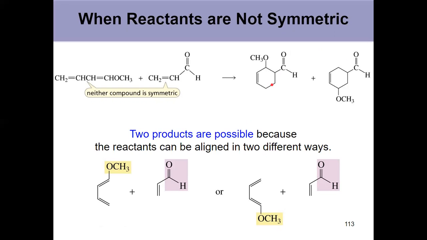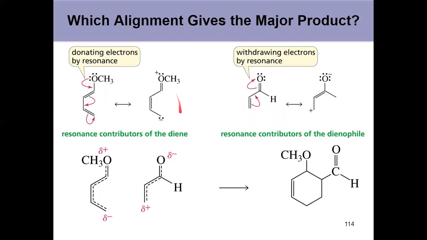I didn't have to worry about it before because my diene was just butadiene. It's symmetric. Doesn't matter which way I flip it, I get the same product. But now with 2 things that are not symmetric, I have to consider the charge distribution by drawing their resonance contributors.